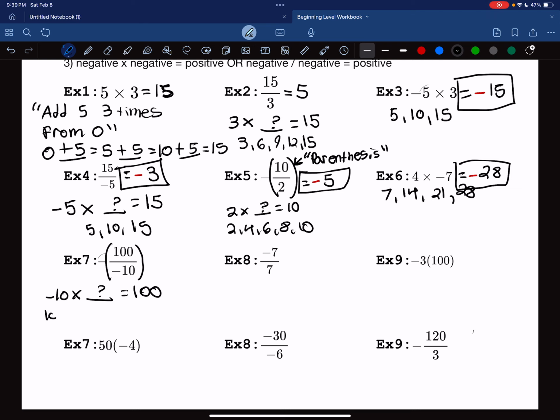So we have 10, 20, 30, 40, 50, 60, 70, 80, 90, 100. So let's count how many numbers we have. We have 1, 2, 3, 4, 5, 6, 7, 8, 9, 10. So we have 10 numbers. So let's write equals 10.